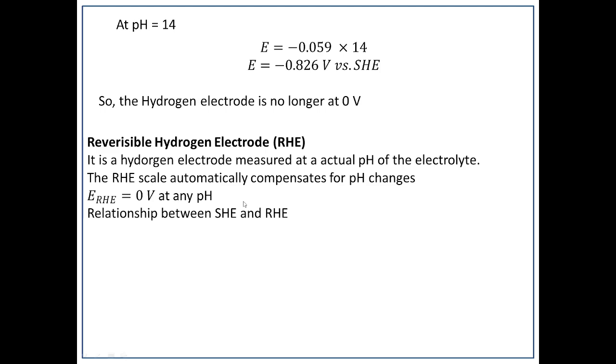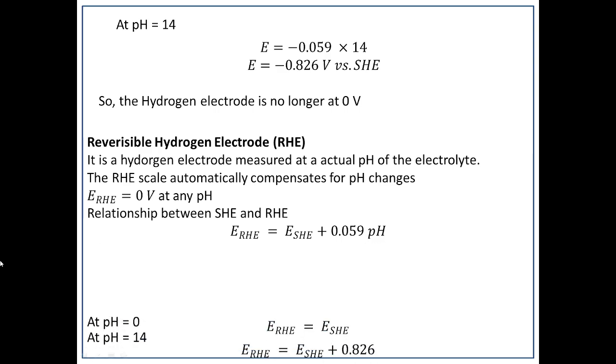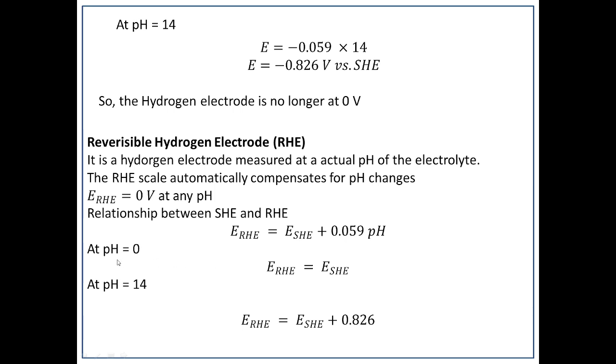So what is the relationship between the standard hydrogen electrode and the reversible hydrogen electrode? Here you can see that the potential versus the reversible hydrogen electrode is equal to the potential versus the standard hydrogen electrode plus 0.059 pH. If the pH is equal to 0, in this case, the potentials on the reversible hydrogen electrode and standard hydrogen electrode scales are equal.